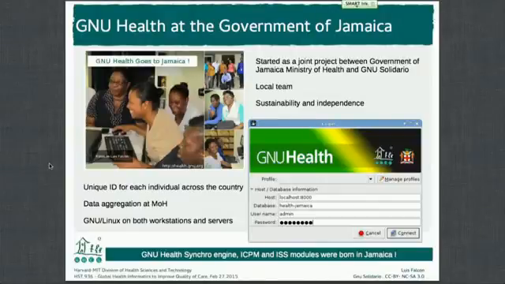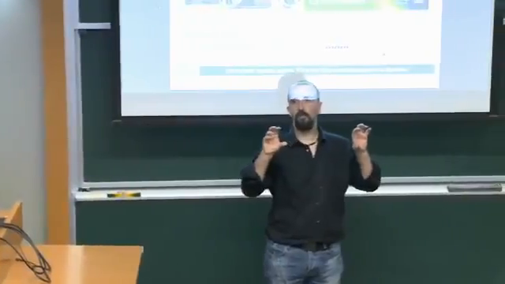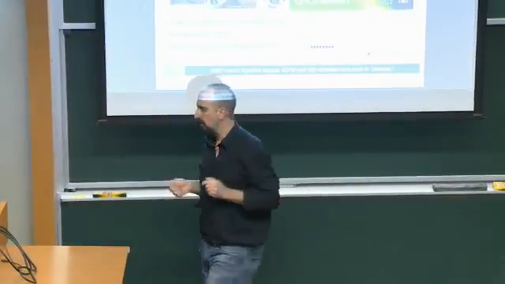And as we talked before, we have the unique ID for every single citizen. Then data will be aggregated in a form that each health institution will send the data to the Ministry of Health in real time.